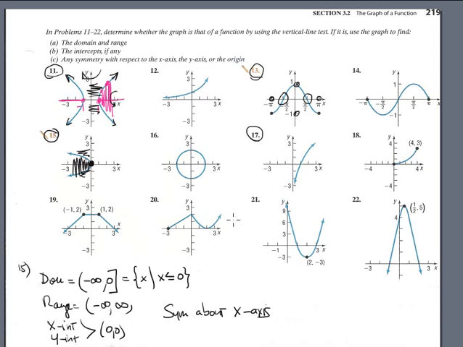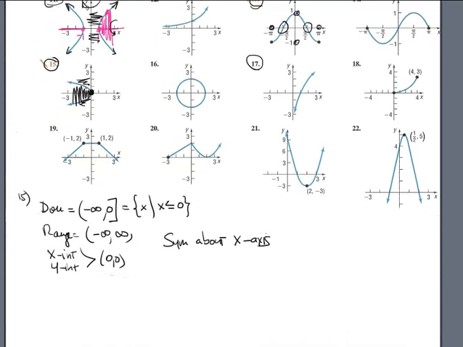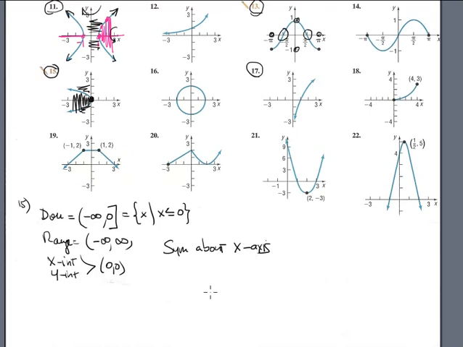17. I saw the domain when you're projecting here and here is only positive values, from 0 to infinity, not including 0, because I saw here that we have the asymptote.